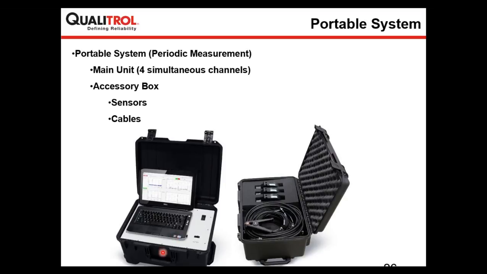This portable system is fitted with the filters, protection, and acquisition card, all inside this box, so it is very good to transport to different sites. And on the right side, you have a box which includes all the signal cables, sensors, and any accessories which will be delivered as a standard delivery.